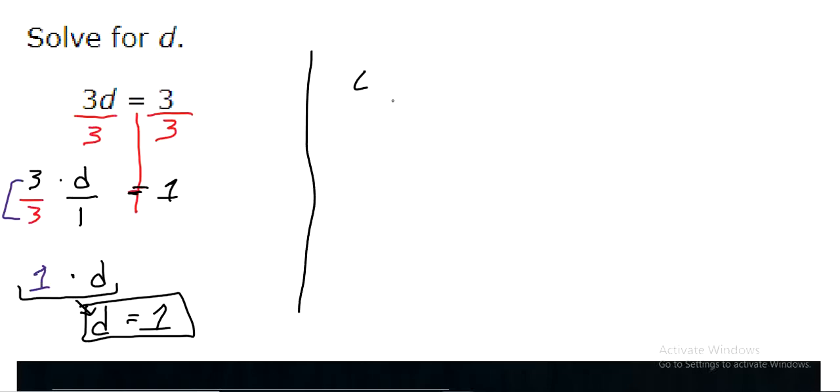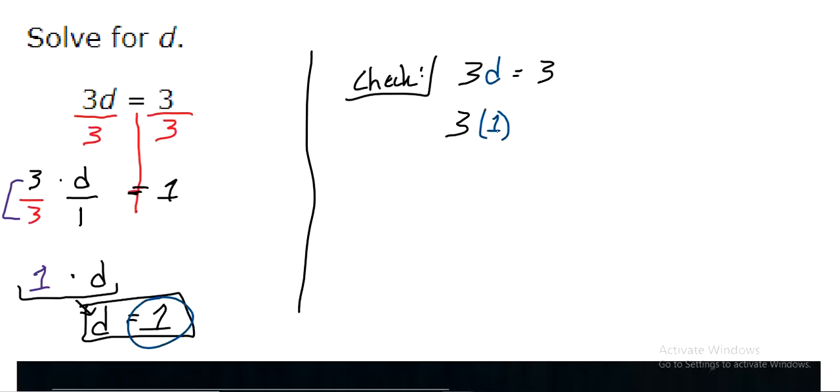Again, you can check. 3D equals 3. Substitute my solution that I found, which is 1. 3 times 1 is 3. 3 equals 3, so this is true.